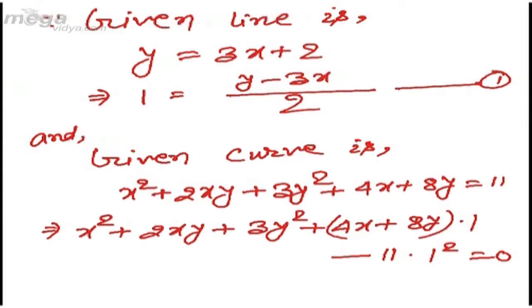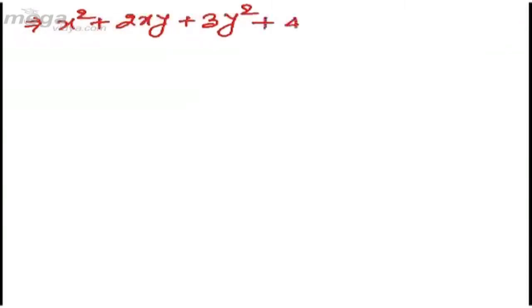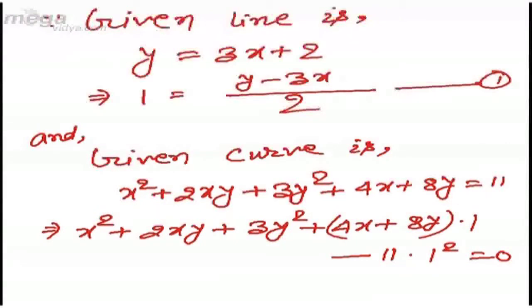So it becomes x square plus 2xy plus 3y square plus 4x plus 8y into 1, and the value of 1 is y minus 3x upon 2.